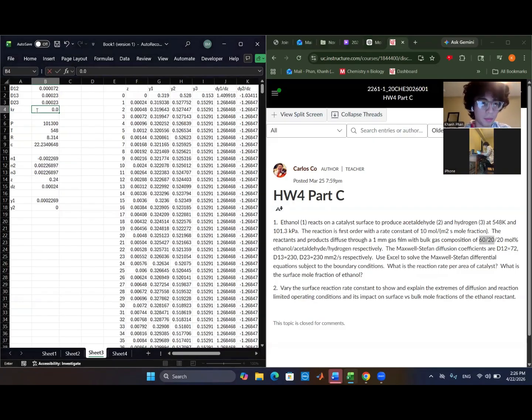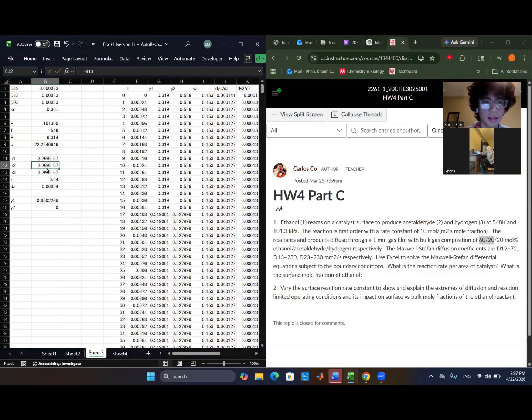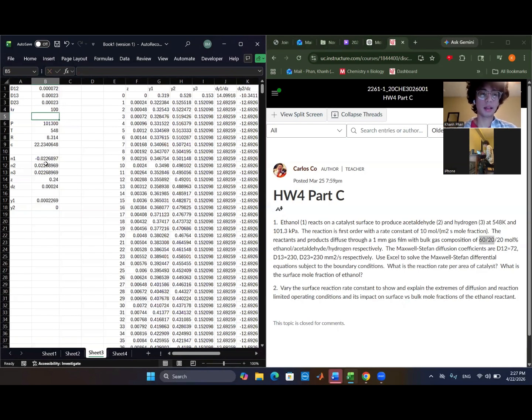If the reaction rate is 0.001, we can see that the flux is a very small number, which is a big limitation. But also, when your reaction rate is high, like let's say 100, the flux is still very low. That's why it's important to invest in a good machine.